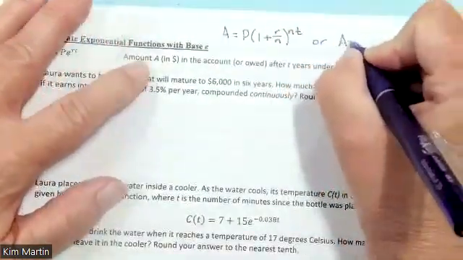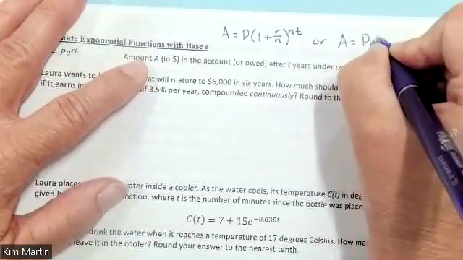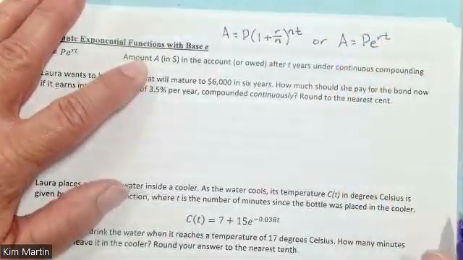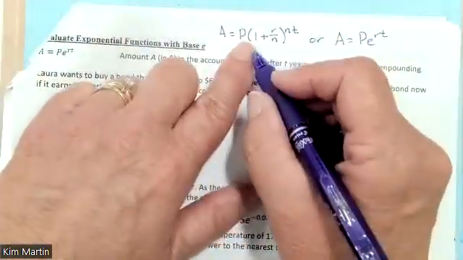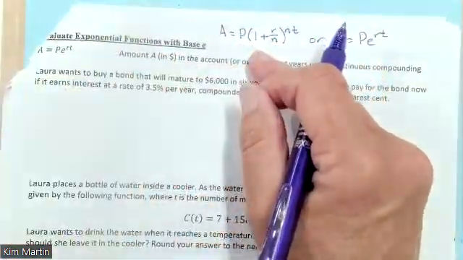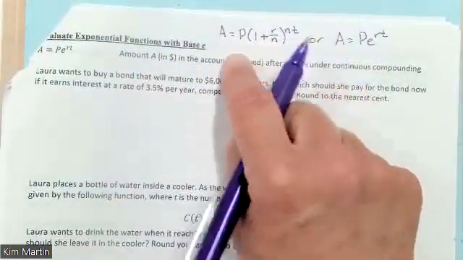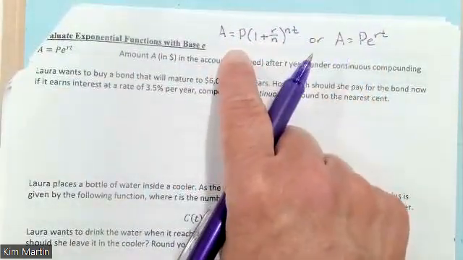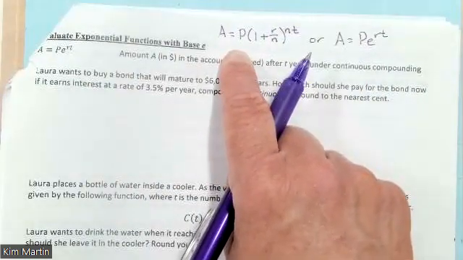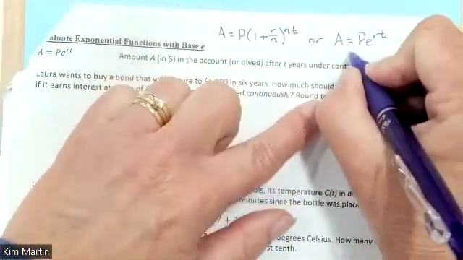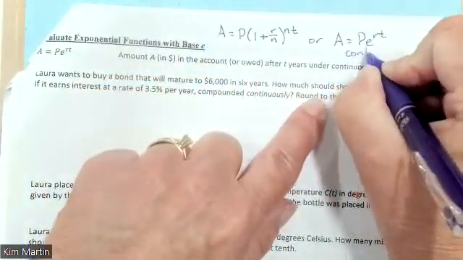Except when you use this, and I'll tell you the word you're going to look for. This one here is used for compounded daily, compounded weekly, compounded monthly, compounded annually, compounded semi-annually, quarterly. This is compounded continuously.